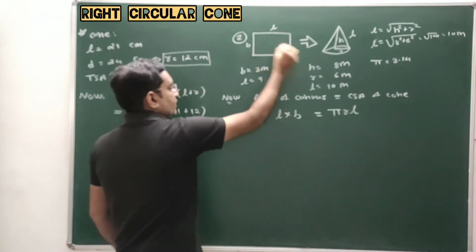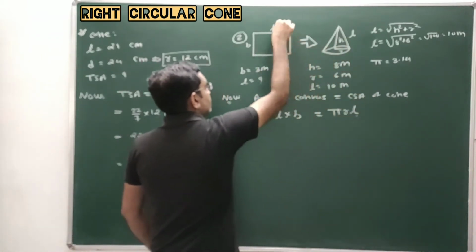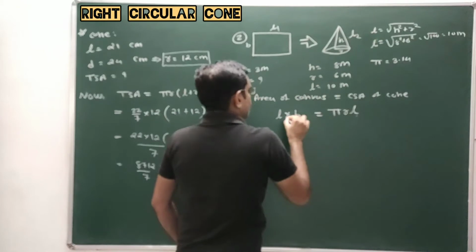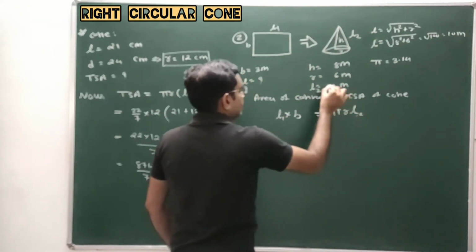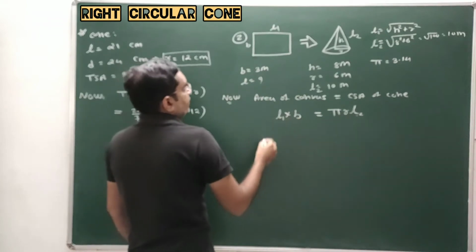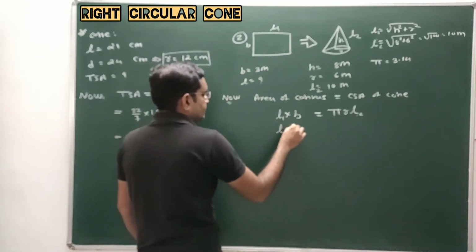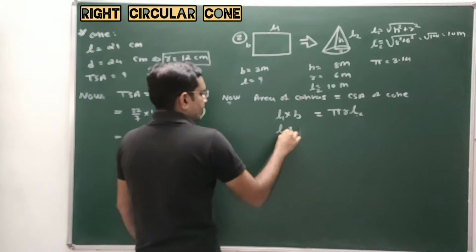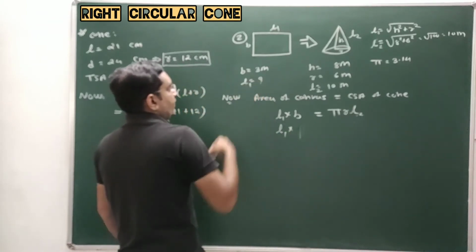This l and this l are both different. Suppose this is l1 and this is l2. Slant height l is l2. So l1 into b, where l1 is the length of this canvas that is required to be found.